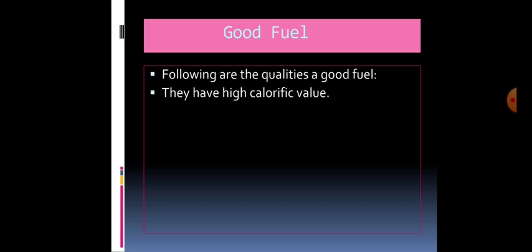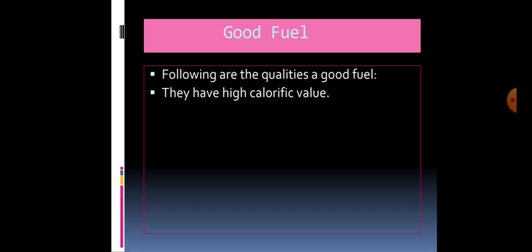Do you think the same amount of heat will be produced? Definitely not. Wood will produce more heat compared to paper, though the amounts are the same. That's called calorific value. You burn a little amount, but it produces a huge amount of energy.